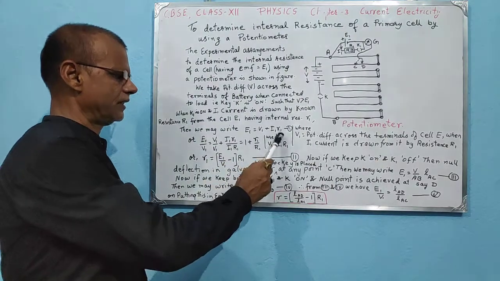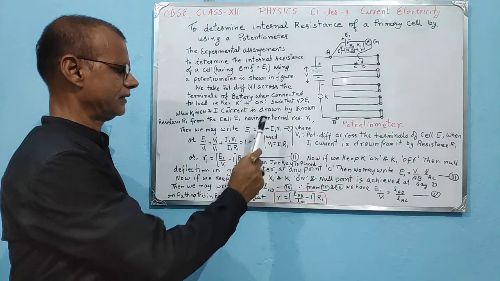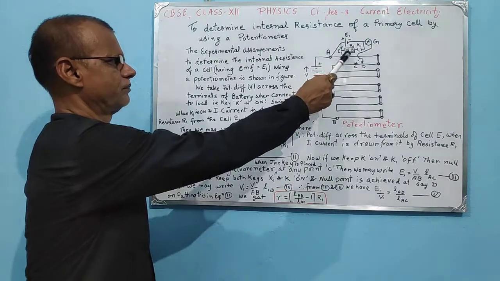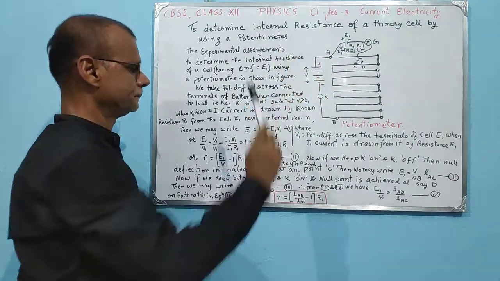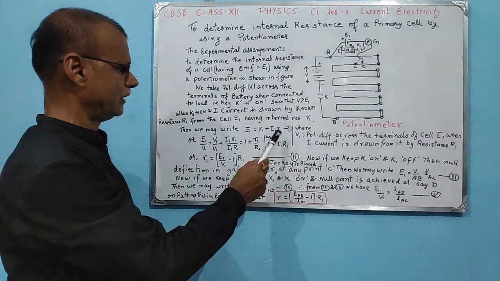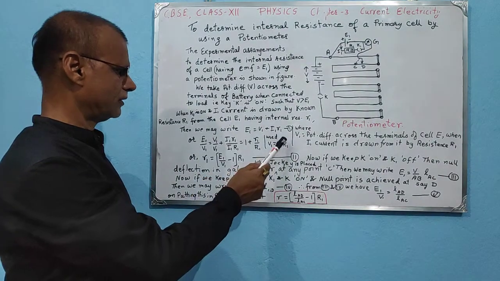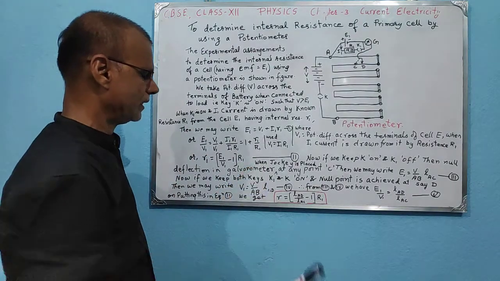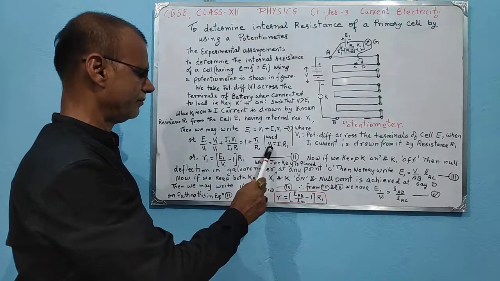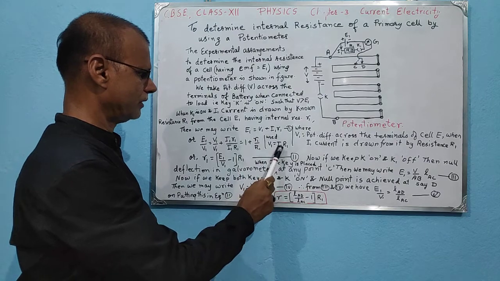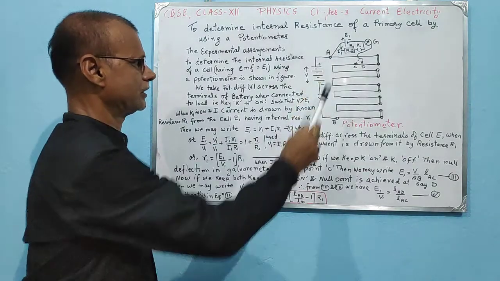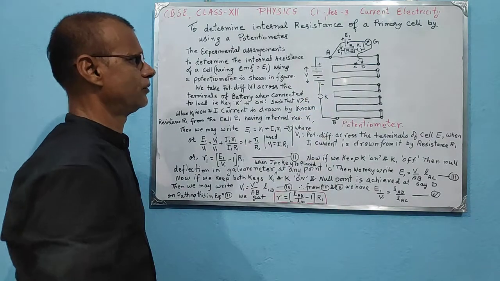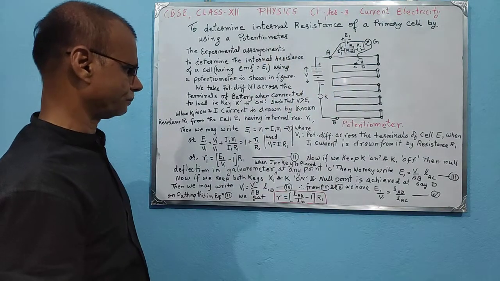Here R2 is the internal resistance of the cell and I1 is the current drawn from the cell by the load R1. Using Ohm's law, V1 is equal to I1 R1, where I1 is the current drawn from the cell and R1 is the resistance used as a load for cell E1.